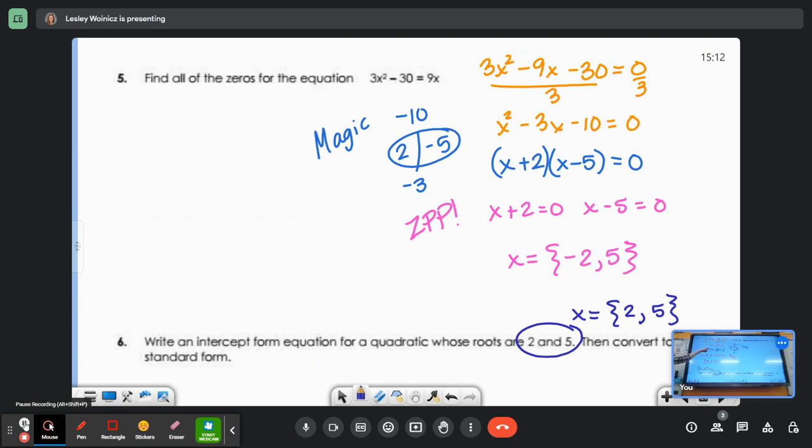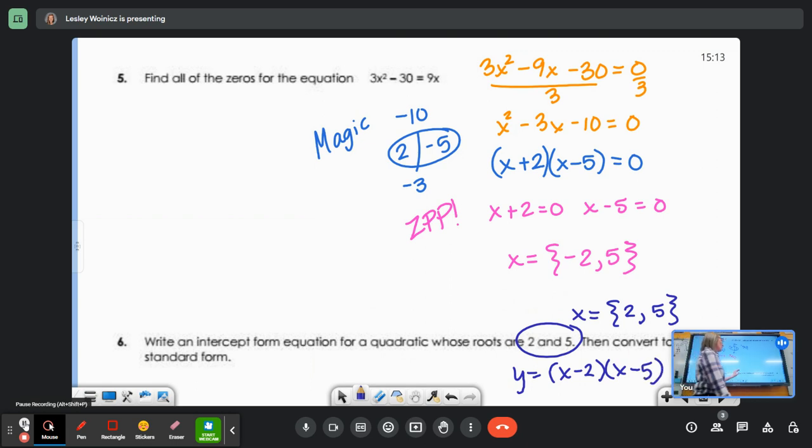What would the intercept form equation have to look like? Look at the signs. To get a 2 and a 5 right here, I would need a -2 and a -5. So that would be y equals x minus 2 times x minus 5.